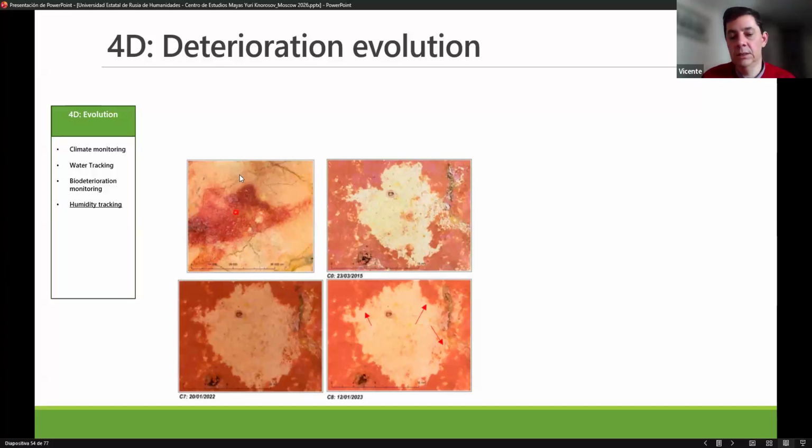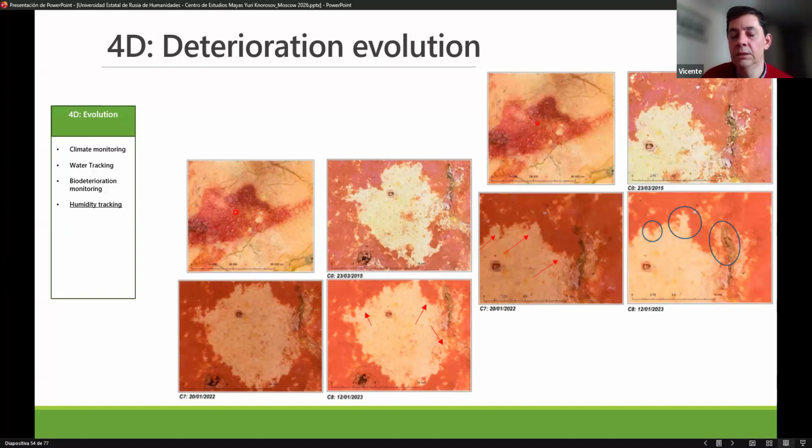Here you can see, this is Altamira. Look, these are parts of pigments that appeared in 2015, but sometimes later disappear. They fall to the floor, and you have to be able to measure that. All these differences. Here you see more differences. So to create a method to control the evolution of the deterioration is very important here.